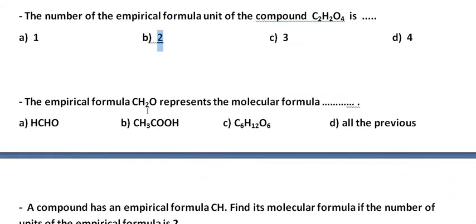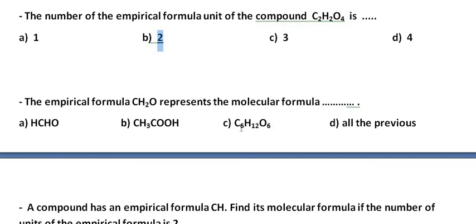The empirical formula CH2O represents the molecular formula. It is clear that this empirical formula can represent the first one. It can also represent the second one, 2 carbon atoms, 4 hydrogen atoms, 2 oxygen atoms. This is the molecular formula, and this is the empirical formula of the same compound.